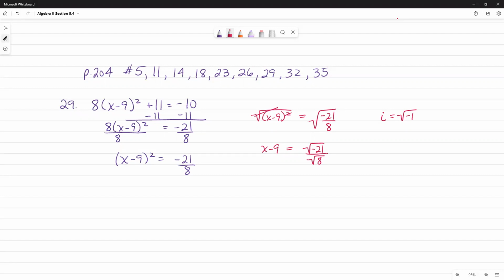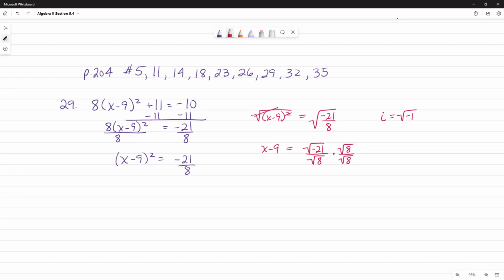I'm going to go ahead and fix my denominator first. So I'm going to multiply both the numerator and the denominator by the square root of 8. That way I can get rid of the square root in the denominator, but I'm not changing the value of the fraction. I'm just multiplying times 1.